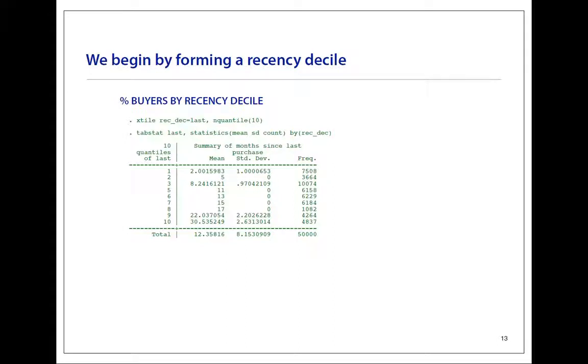The statistic that I'm particularly interested in is the mean of the last. So I want the data to show this average across all groups, by recdec, the group number based on recency. Here we can see the first group are the most recent customers, and the 10th group are the least recent customers.